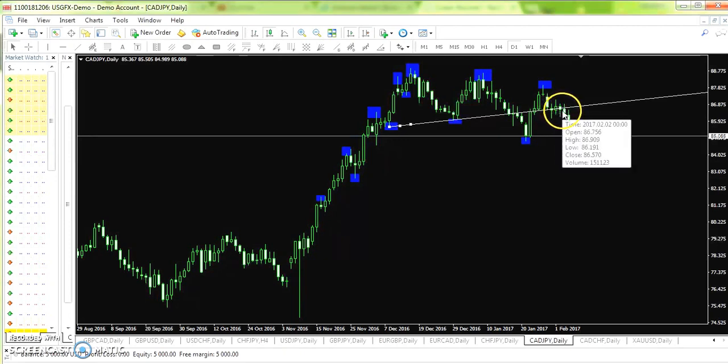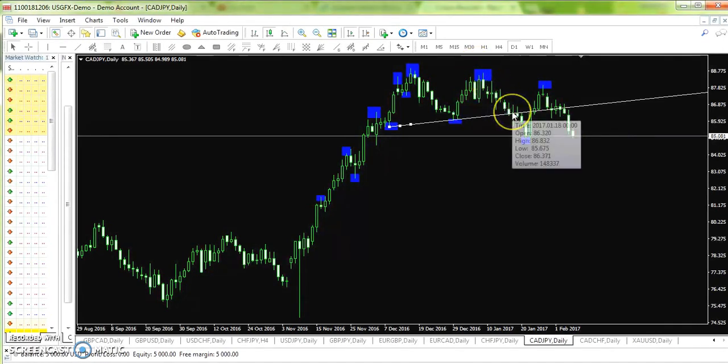As I can see, before this candle, the candle on 2nd of February 2017 has broken the upward buying trend line. So what I'm going to do, I have to put a sell order, right? Because in my view, this is the micro buying trend, right?